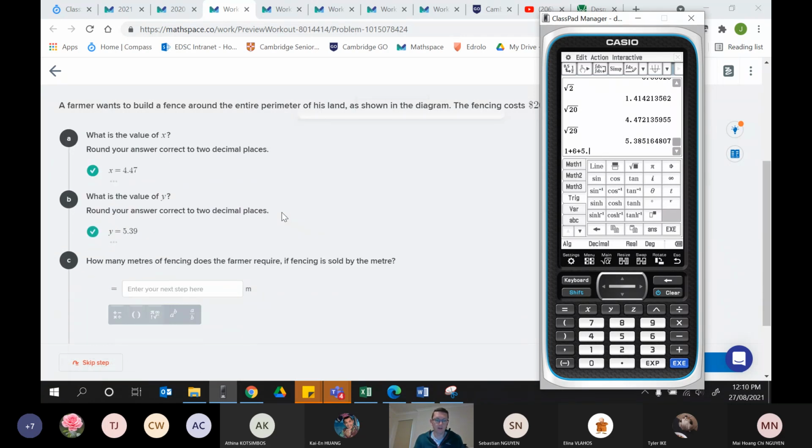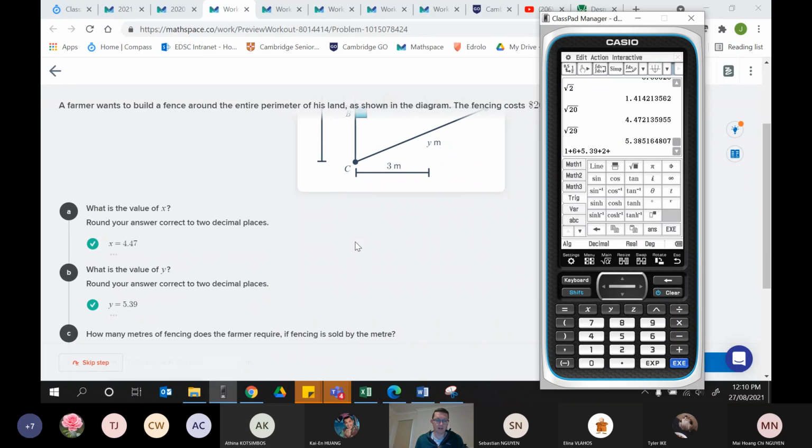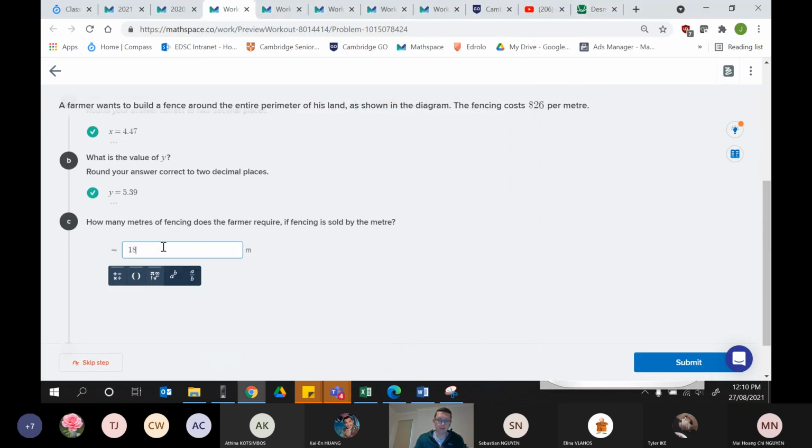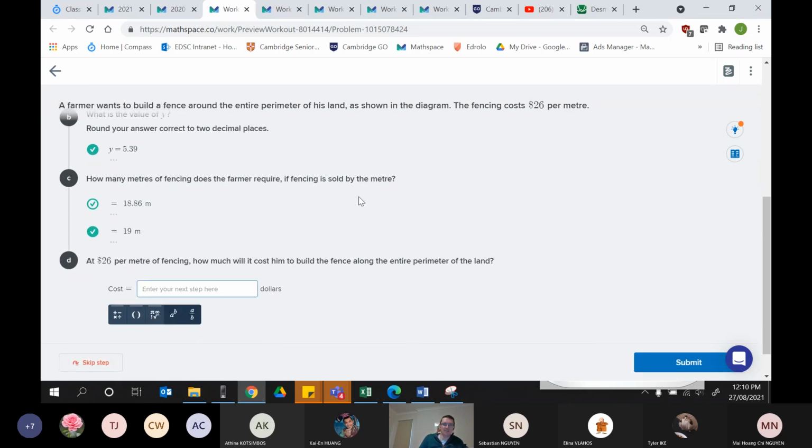Plus 5.39 plus 2 plus X. And that takes me right back to the start. 4.47. 18.86. Oh, it's sold by the meter. Oh, that was lucky. It gave me a tick as well. You would have lost a mark there for sure, because it's to the nearest meter.